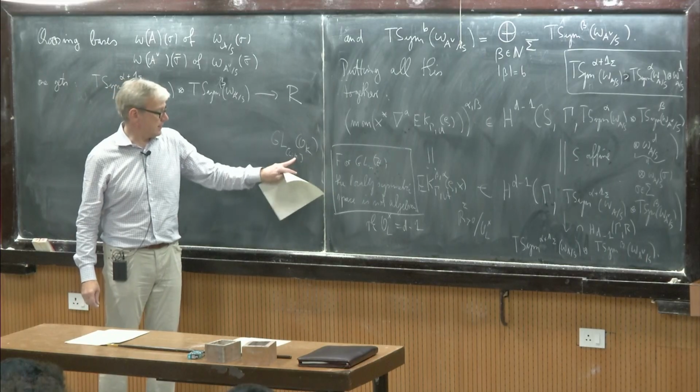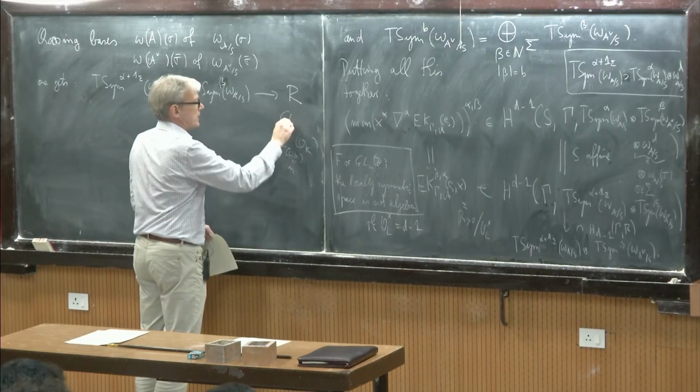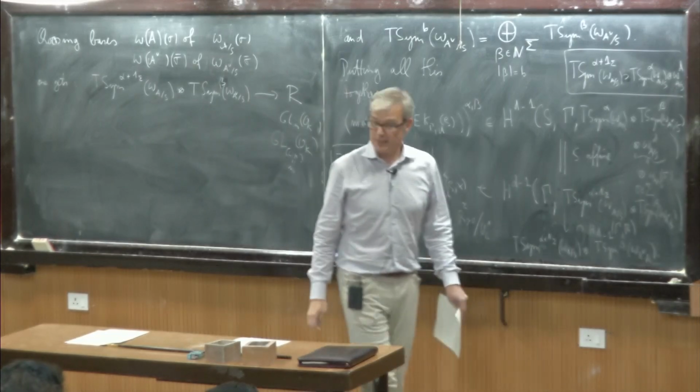K is the CM field here. If this has degree N, then we are in GLN. And for this group, there's also no moduli space.